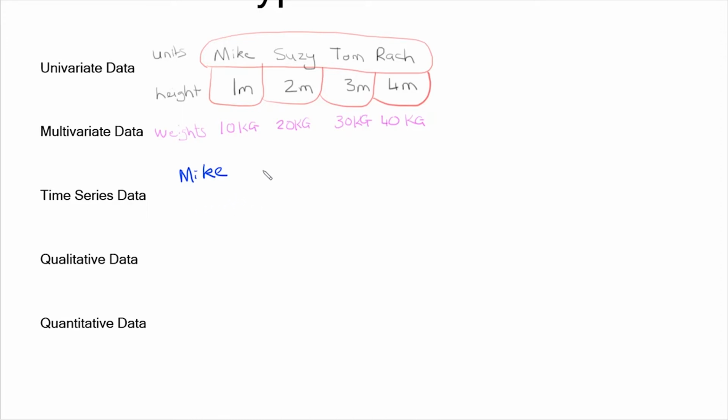So let's say in January, then July, then January of the next year, and July of that year. These are 6-month periods, and let's say his weight in January is 10 kilograms, but he gained a bit of weight over winter, so it's 12.